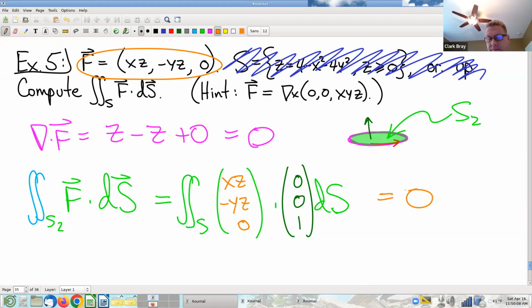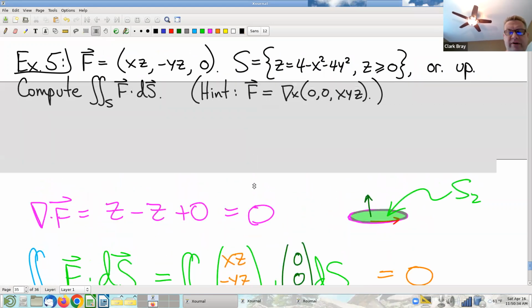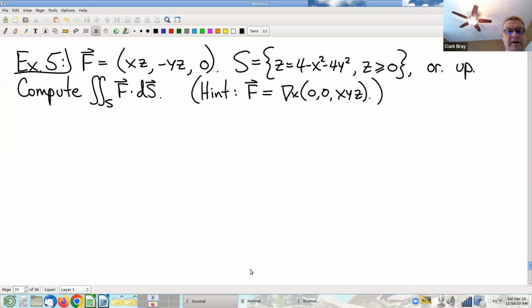Huge win. All right, now that said, I am going to show you how to use Stokes's theorem, which is why I misspoke there. I was thinking ahead. How to use Stokes's theorem to solve this problem. It's arguably just as good. I don't know, ballpark just as good. Let's see that in action. I'm going to slide all this out of my way here.